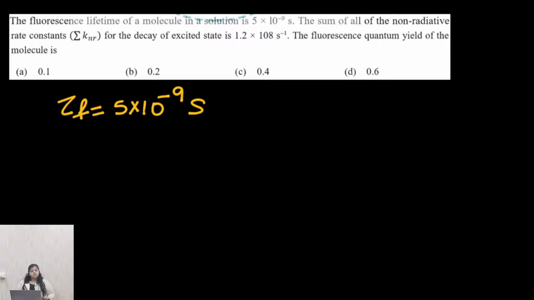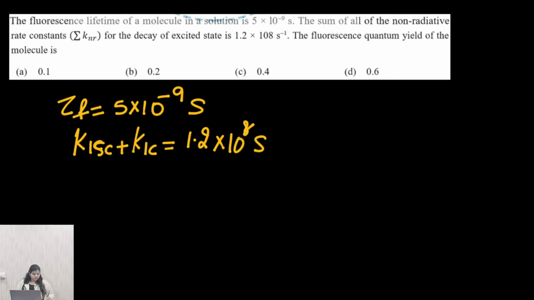The sum of all the non-radiative rate constants, which means the non-radiative processes are intersystem crossing and internal conversion, so ISC plus IC, their sum is given as 1.2 into 10 raised to the power of 8 second inverse.